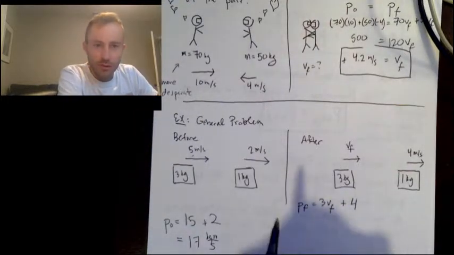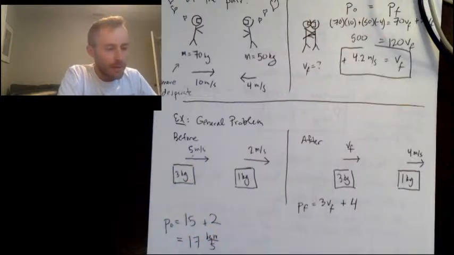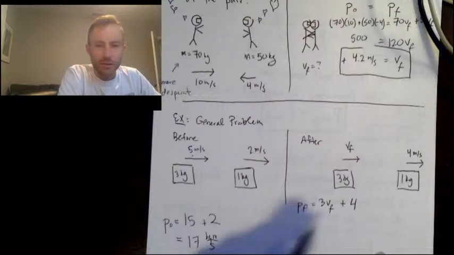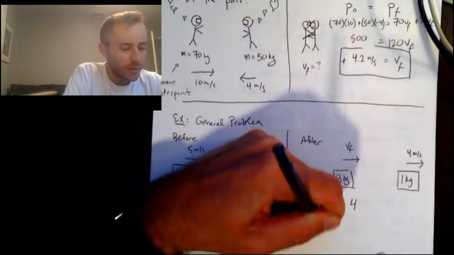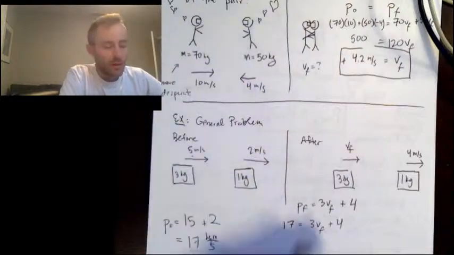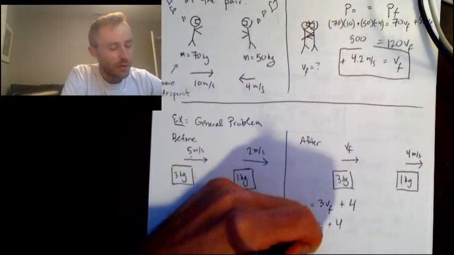Now momentum is conserved, and therefore these two are equal to each other. So 17 equals 3 v final plus 4. Subtract the 4 to the other side. We have 13 equals 3 v final.